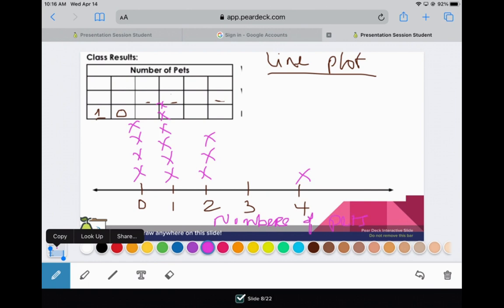So here's a question for you. I'm going to ask you to type in the chat. Which one is the mode? I'm asking you to find the mode. What is the mode if you look at this graph? Okay. 1 pet, right? 1 pet is the mode.